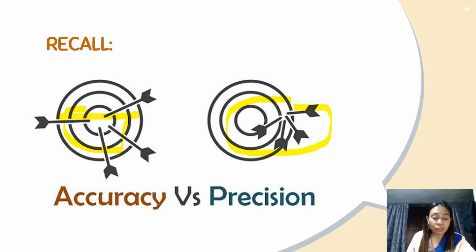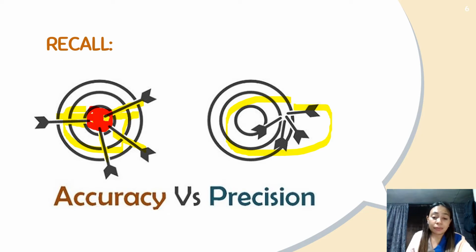Again, in accuracy, if the set of readings, these arrows here, is close to the true value, so this is our true value here, if the readings hit the true value, then we say it's accurate.